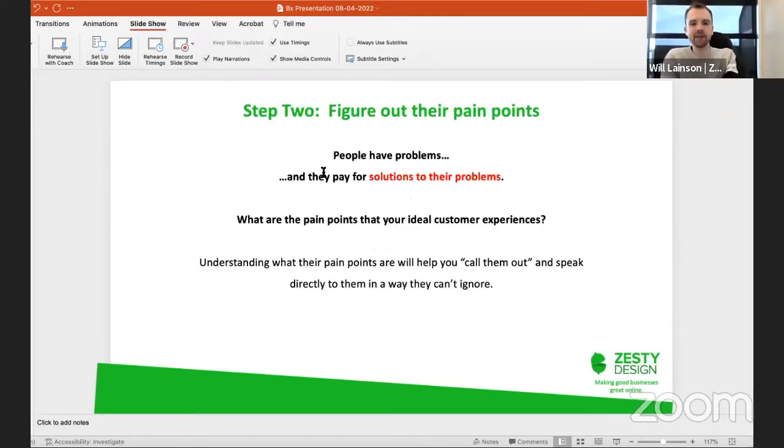So the next step, as I kind of mentioned just before, is figuring out their pain points. Once you've figured out their pain points, then you can essentially link up your solutions to them. Now, people pay to remove their problems, right? So you don't just go and say you're hiring a gardener for your home.